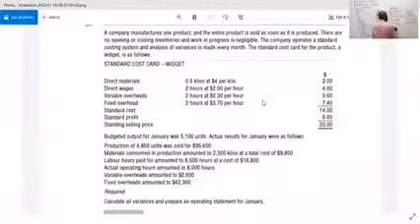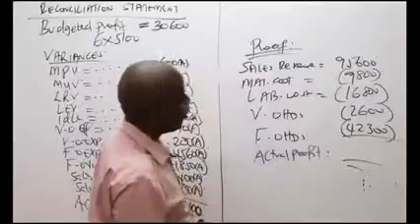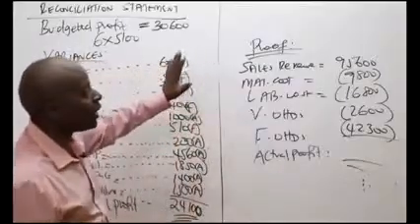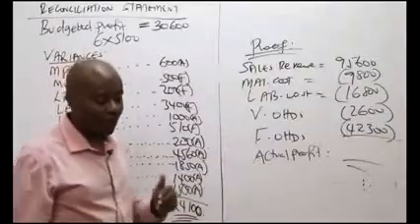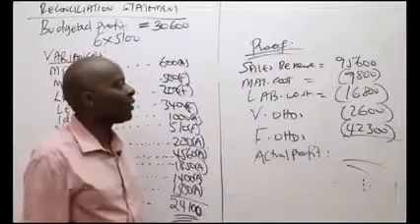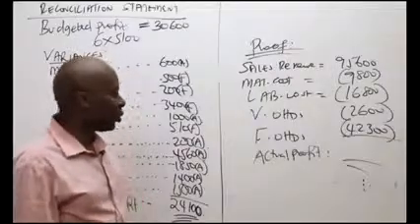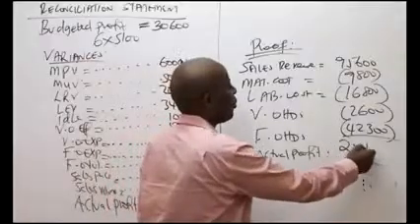So please come and subtract these from the revenue for you to be able to get the actual profit from the actual information. You can just prove it, although this one is very much unnecessary. So we want to see whether you are going to get the same figure of 24,100.